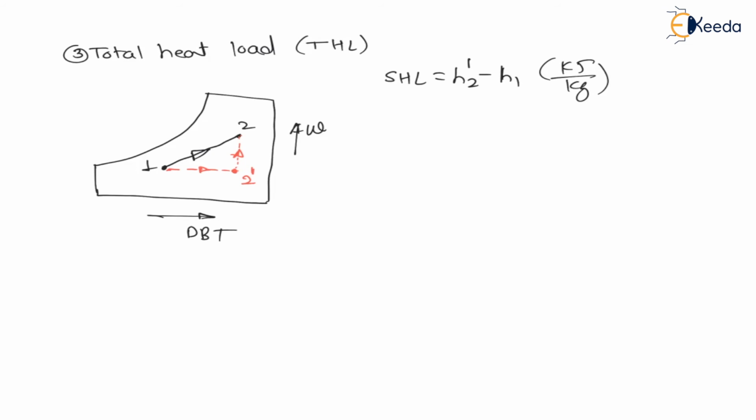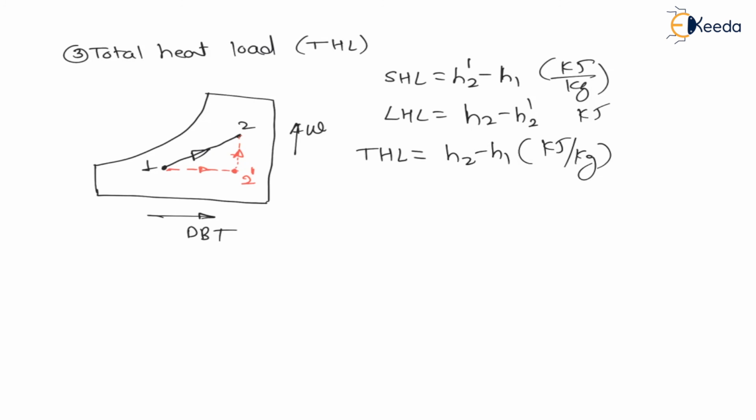Similarly we have latent heat load, that is from 2 dash to 2, which is nothing but h2 minus h2 dash. And total heat load is nothing but this, we have to reach from 1 to 2, final condition is 2, therefore it is h2 minus h1, which is in kilojoule per kg. All units are in kilojoule per kg.